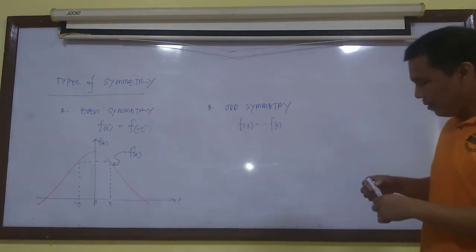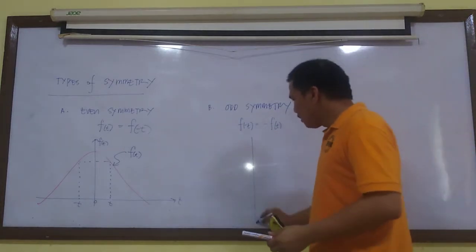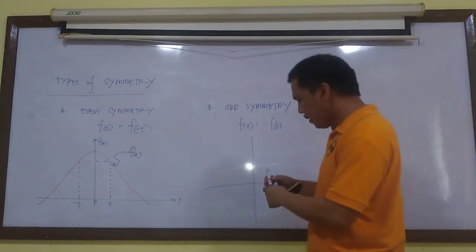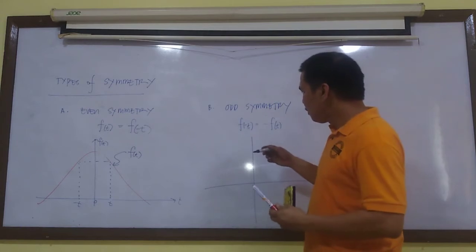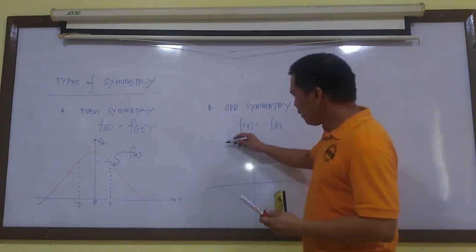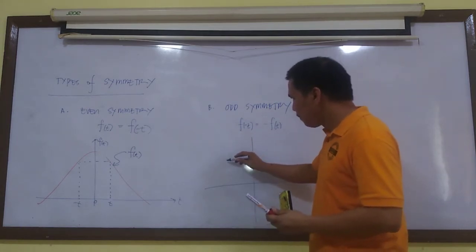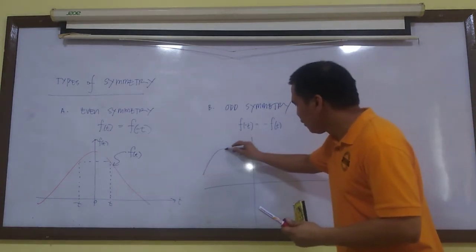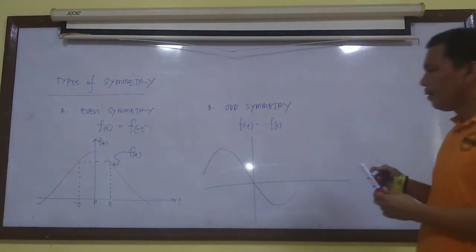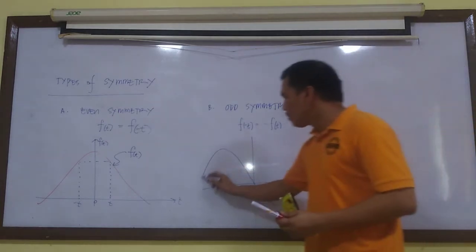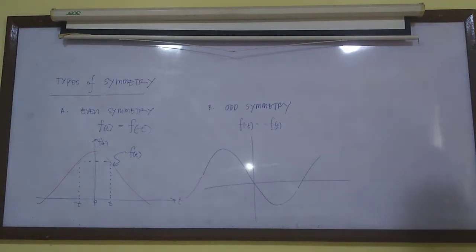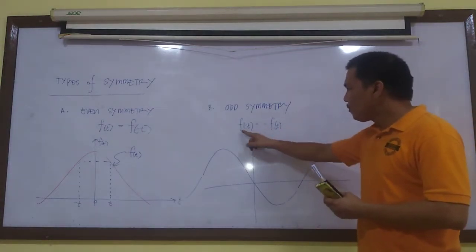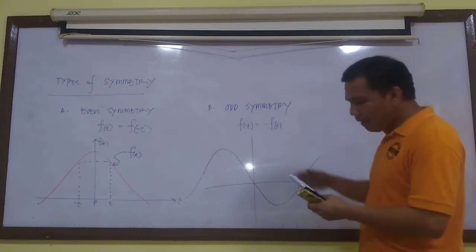So what does it mean? It means that if I have here another function, let's say this is my function of t, which is also a periodic function. What does it mean when I say a function of negative t is equal to negative function of t?